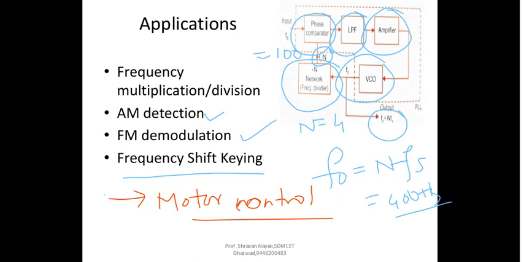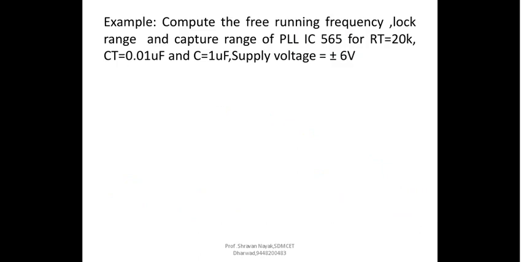Of course, all those things you will understand in your higher semesters. So these are certain applications: frequency multiplication and division, AM detection, FM demodulation, frequency shift keying, motor control, and so many other applications of PLLs.